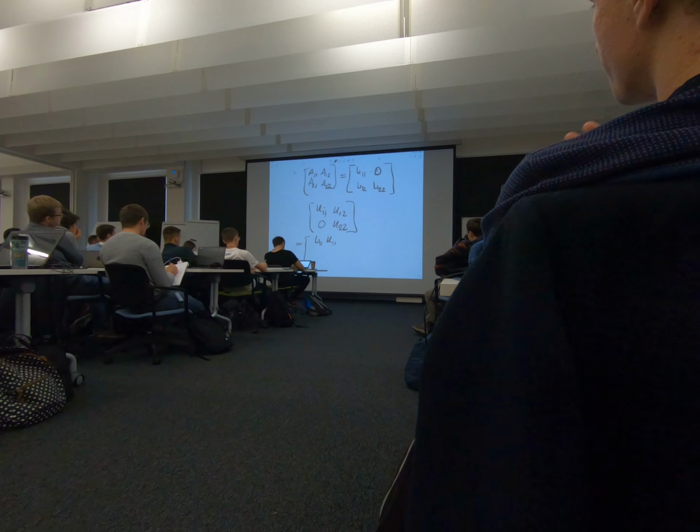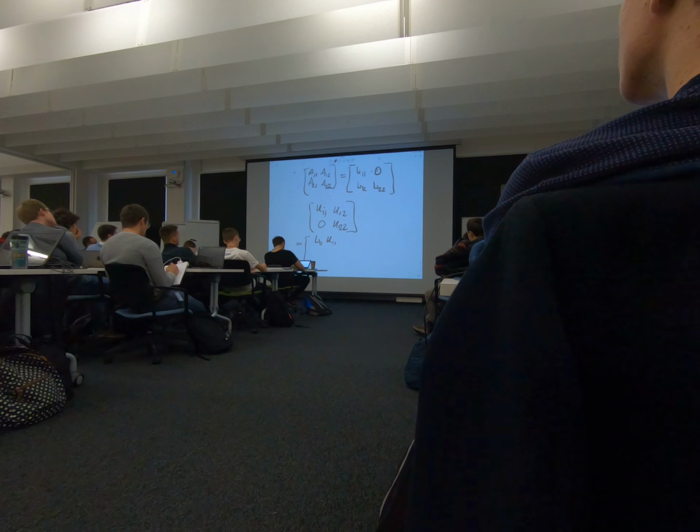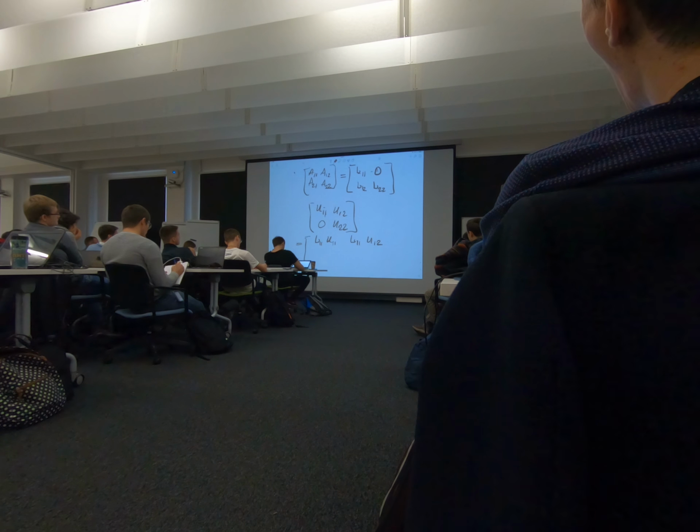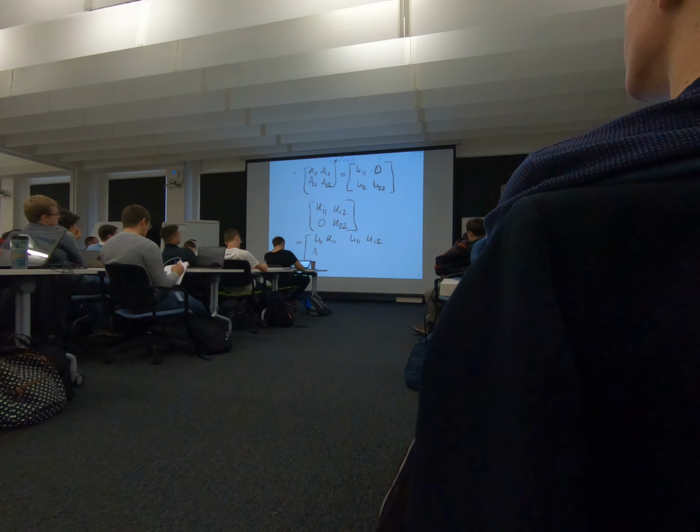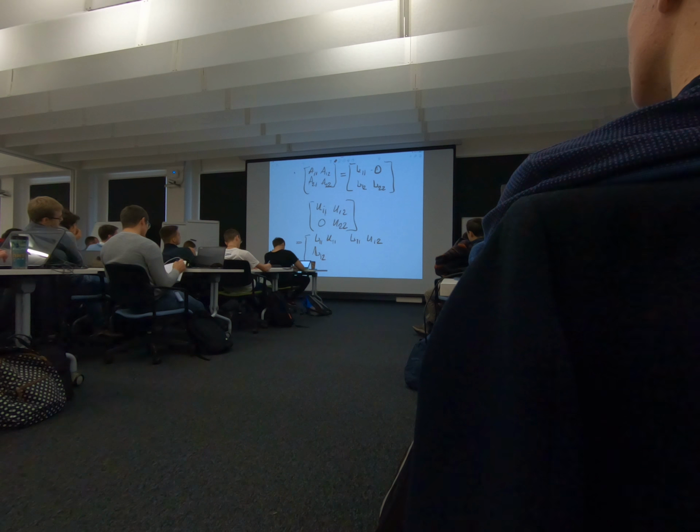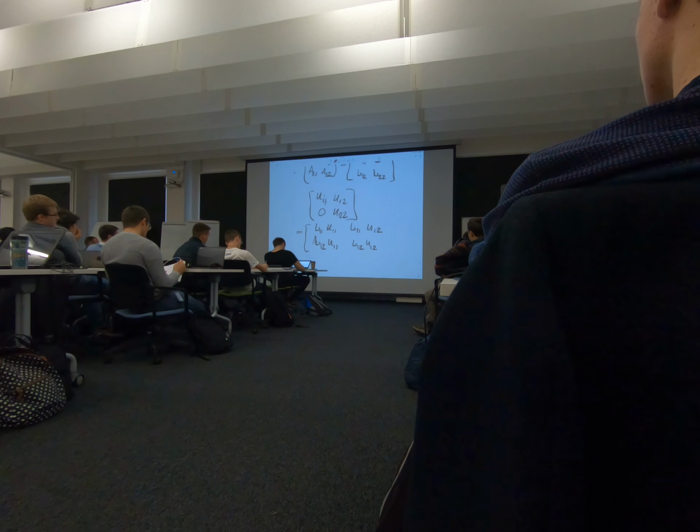It's easy to multiply 2 by 2 matrices. Here times here, what would be here and here, so it will be L11 U12. Here you will have this one times this one, so it will be L12 U11. And here you will have L12 U12 plus L22 U22. Let's check, I think I'm correct, right?